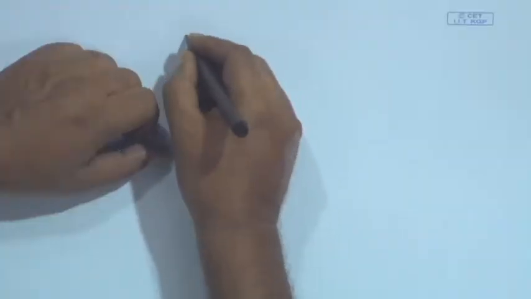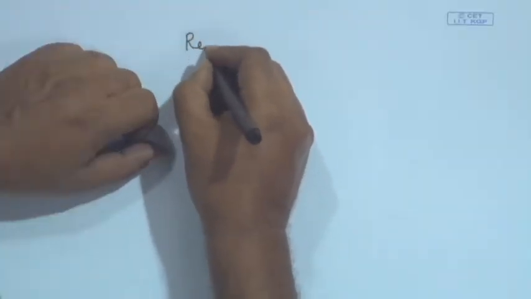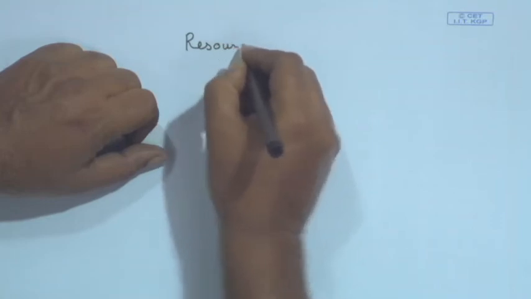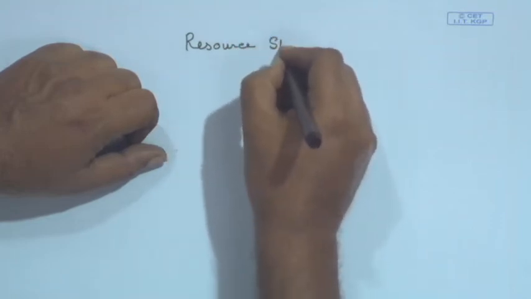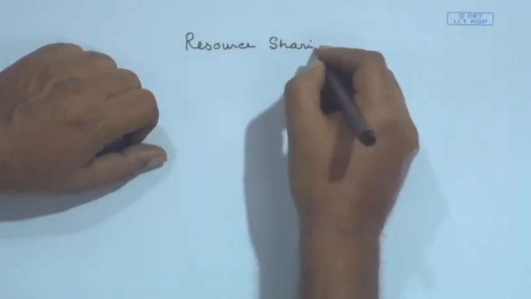One of the major impediments to predictability is resource sharing. For example, you want a resource and you may not get that resource, right. So, how do you handle that?